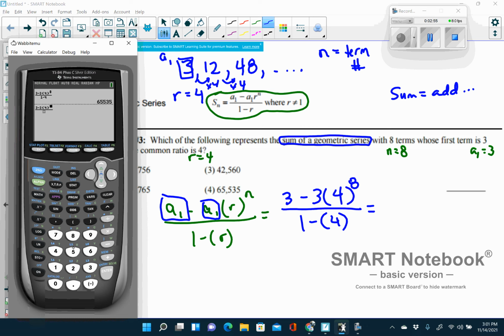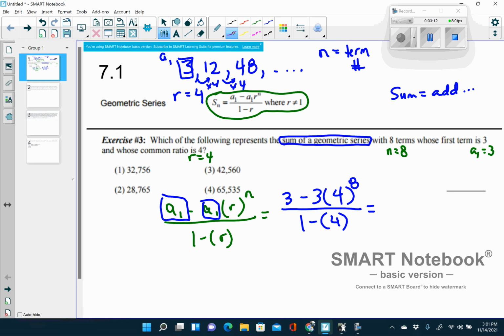That brings it to the top, so you go 8. Then you press over and down or just down, and then you go 1 minus 4. I should have put that 4 in parentheses, which I did not, but it'll give you the same answer in this case. So you have 65,535. The correct answer for this question is 65,535.